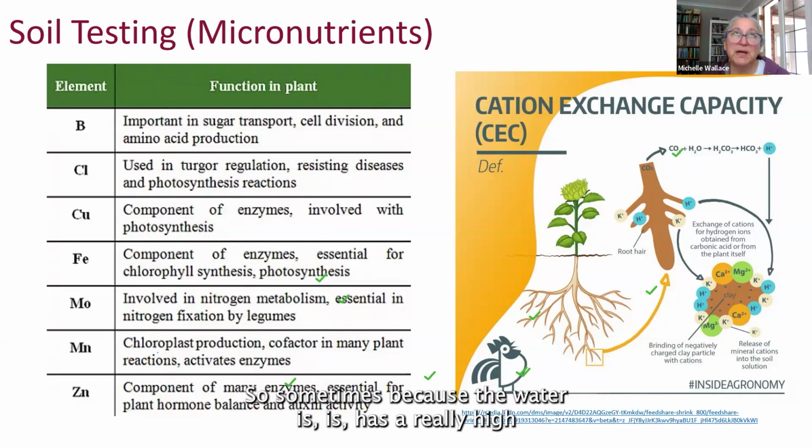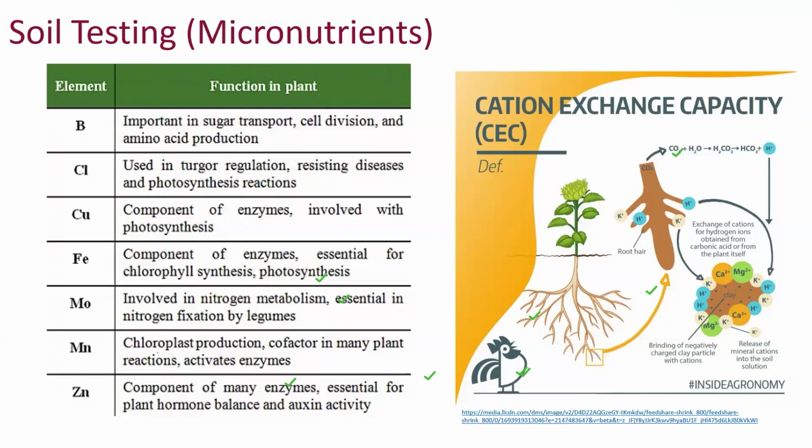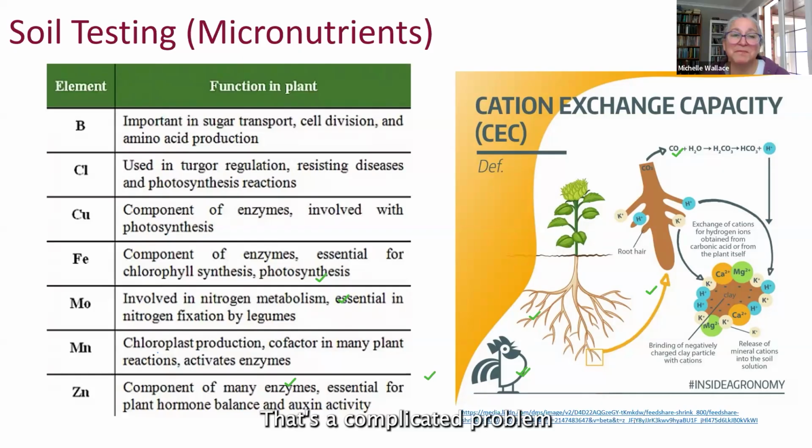Sometimes the water has a really high pH of like 8, that for many growers can be a problem. Yeah, and that's a complicated problem to solve. I think working with an expert might help, and I'm probably not that expert to help you solve that issue.